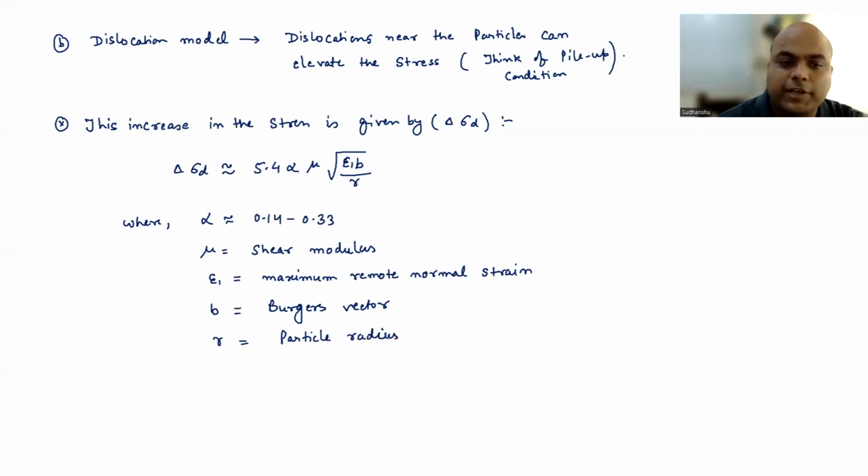Okay. So it predicts that if r is smaller, delta sigma d is going to be higher. So the smaller the particle size, the easier it becomes to increase the stress. Right?